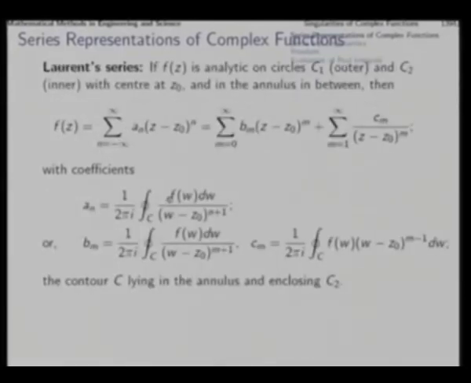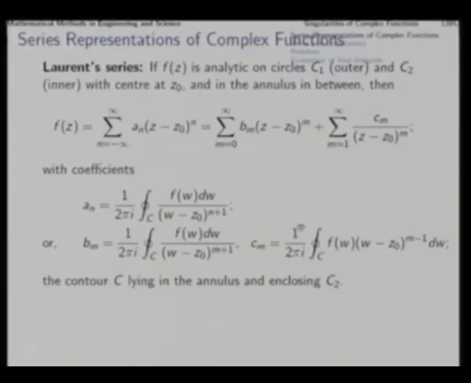Now, if you split the non-negative and negative coefficients as we have done here, then the corresponding b_m will be found like this, and c_m, which are actually a_{-m}, will turn out to be like this, obviously, because in that case the minus m will take it above to the numerator.